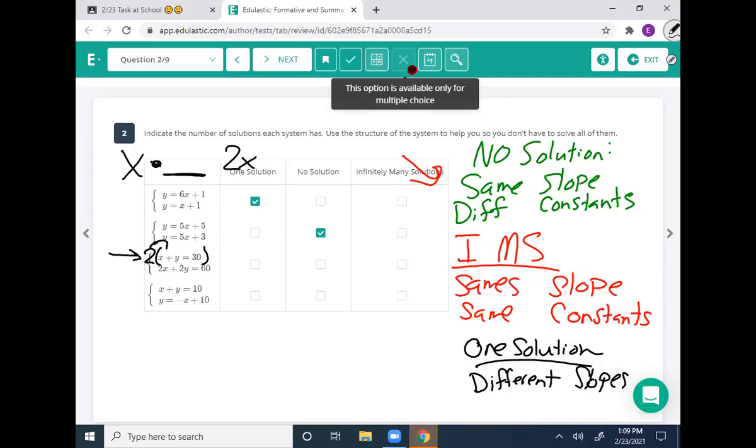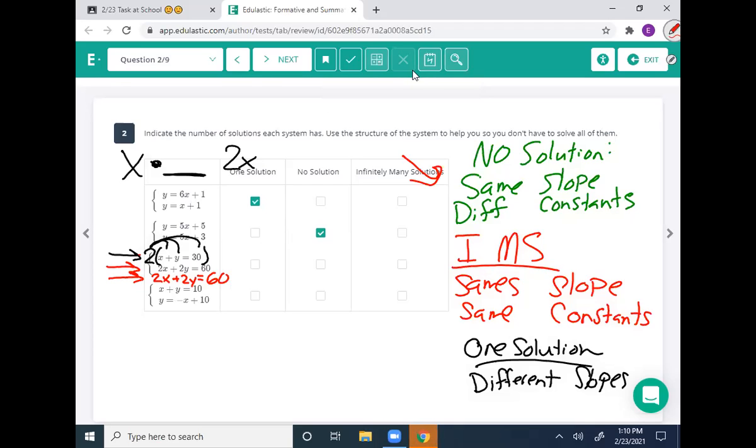I need to distribute to all three pieces. 2 times x is going to get me 2x. 2 times y plus 2y is equal to 60. Yes. When I compare the second one and my new one, what do we notice?